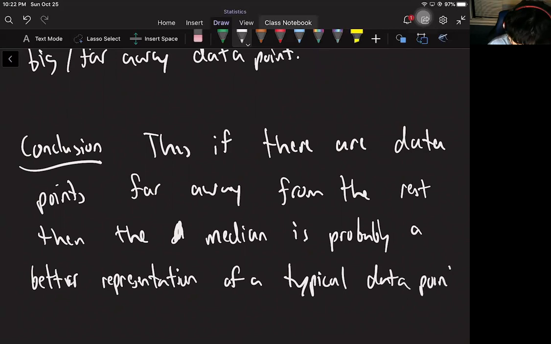And the mean is probably not so useful. So you'll see this in real life a lot. People will use the wrong one on purpose to sort of make a point.